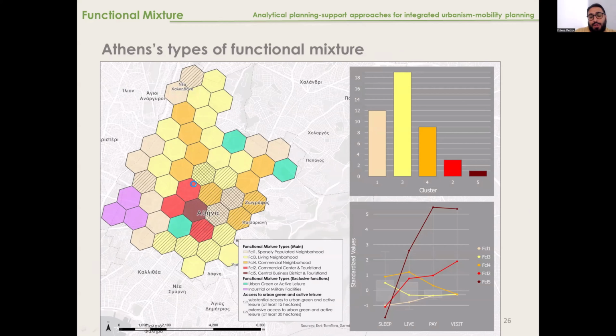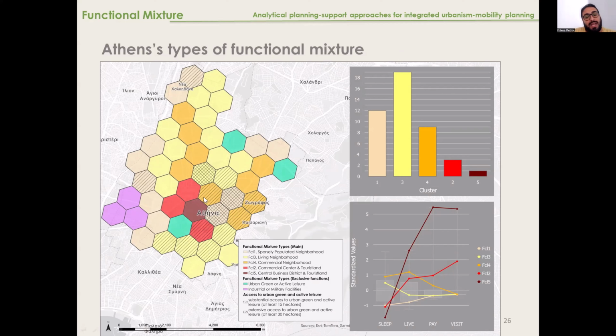So, for example, I don't know how many of you know Athens. The historic center of Athens has been identified as a central business district and tourist land without substantial access to urban green and active leisure, while the areas of Gazi and Keramikos have been identified as commercial center and tourist land, again without substantial access to urban green, while the Plaka area has substantial access to urban green.